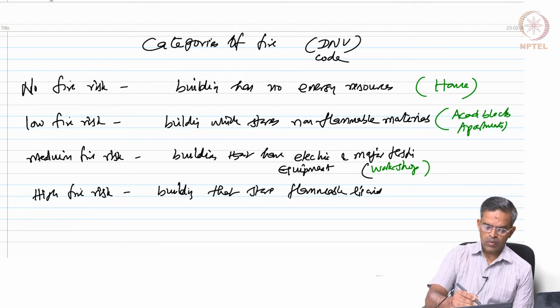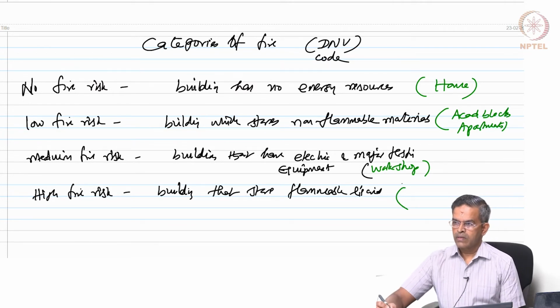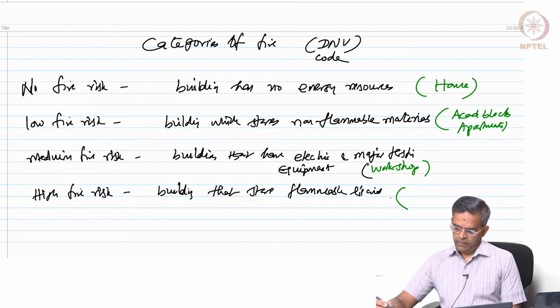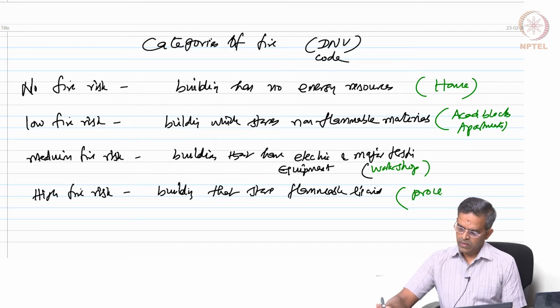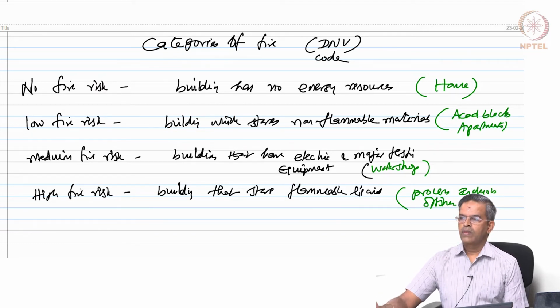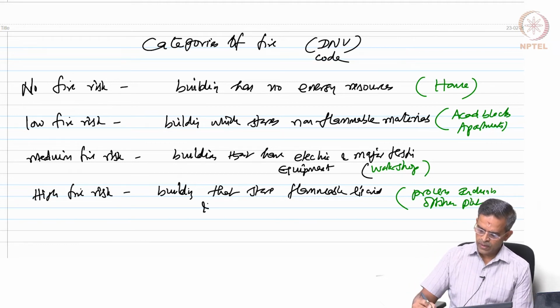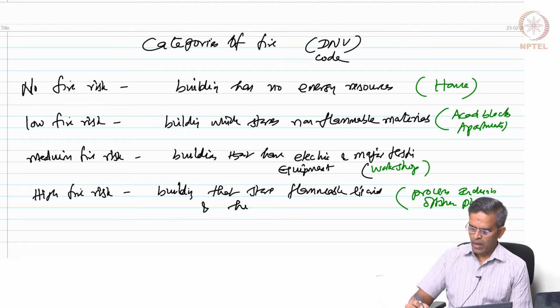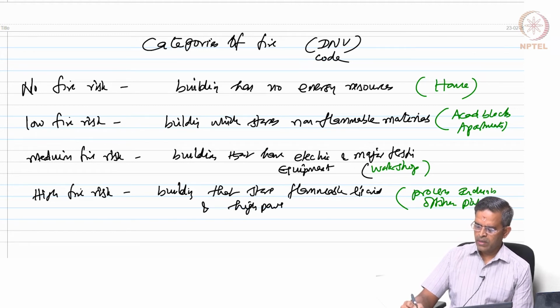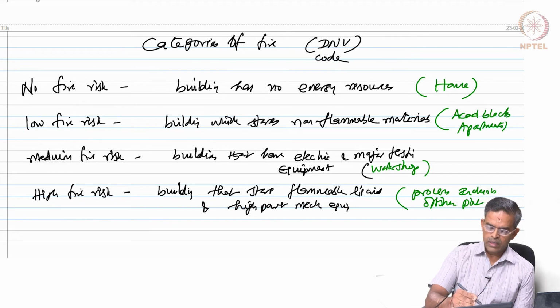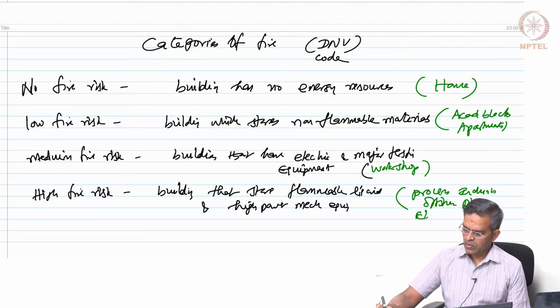Example could be process industries, offshore platforms, as well as it also classifies high power mechanical equipments. So, in that case I can also include electric substation.